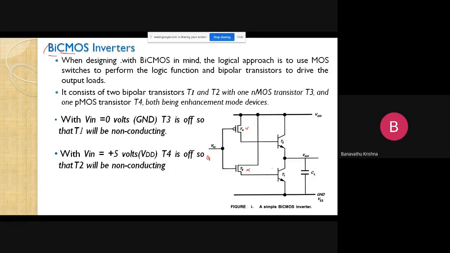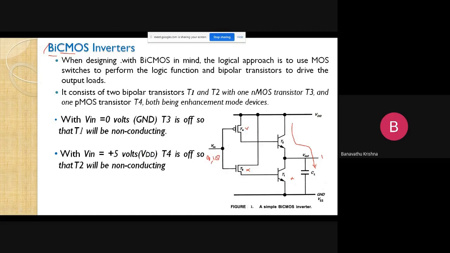At the same time, T3 is in the off condition. So whatever data is here flows in this way, charging the capacitive load. So we are getting the output response as 1. In the second case, the input is 1 volt.